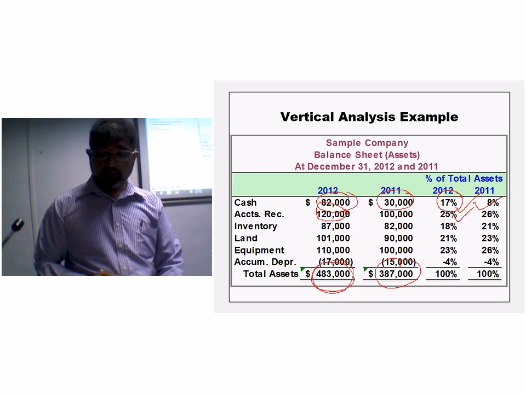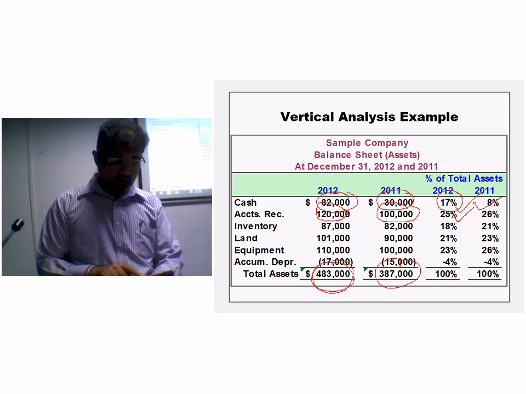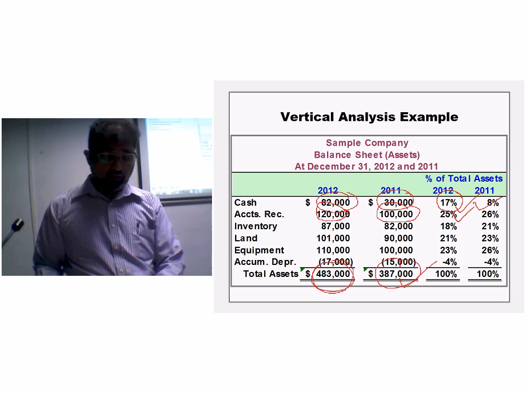Then for the previous year, account receivables 100 divided by 387,000 into 100.